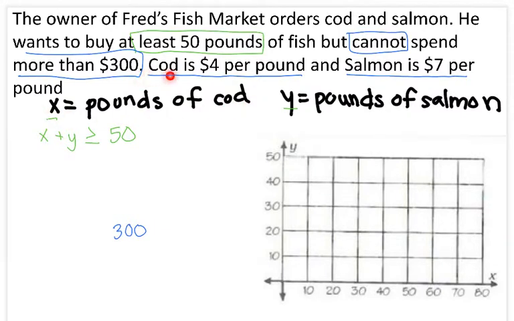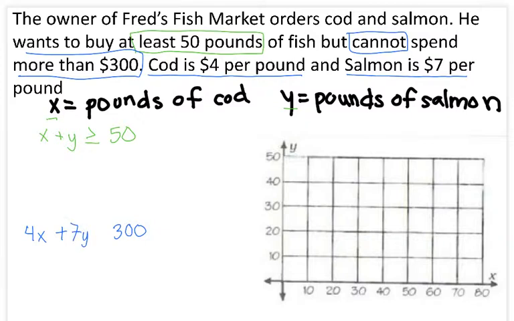If we take the amount per pound of cod, which is $4, and multiply it by the pounds of cod, we will have how much it will cost for the cod. 4 times x. And then we need to add how much the salmon costs. The salmon is $7 per pound, and y represents the pounds of salmon. So we're going to add 7y.